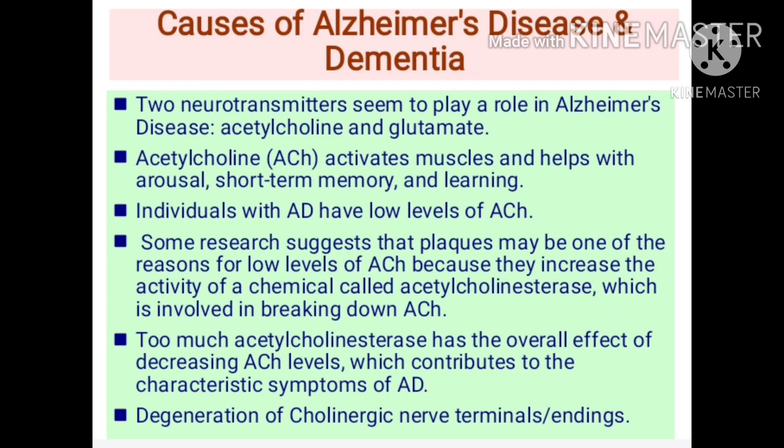You know that glutamate or glutamic acid is an acidic amino acid. Acetylcholine activates muscles and helps with arousal, short-term memory and learning. Acetylcholine activates certain muscles related to arousal, then it enhances short-term memory, then learning ability.